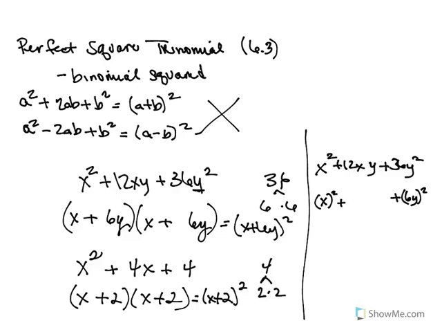When you substitute in the middle, 2 times a, which is x, times b, which is 6y, you get (x plus 6y) squared.